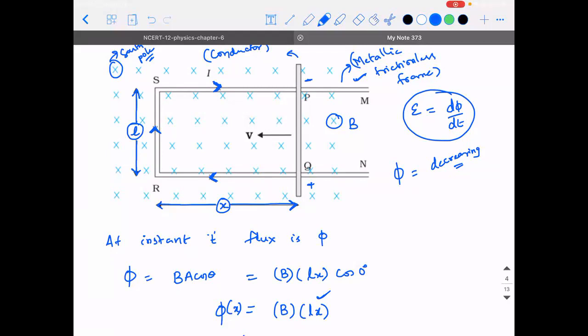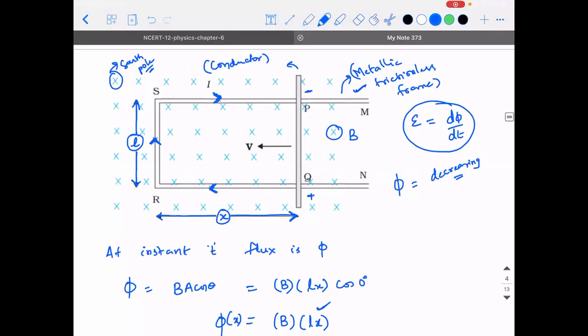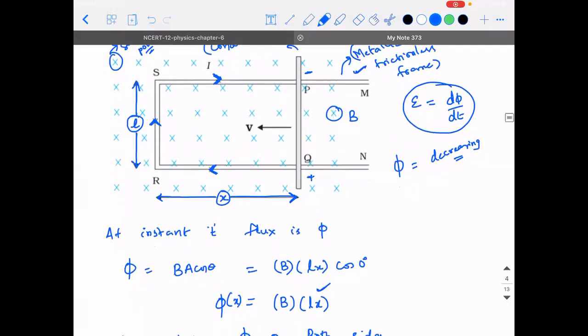When somebody asks how the current flows in a circuit, current flows from higher to lower potential in the circuit, whereas within the conductor itself, the current flows from lower to higher potential. Hence, Q should be positively charged and P should be negatively charged.